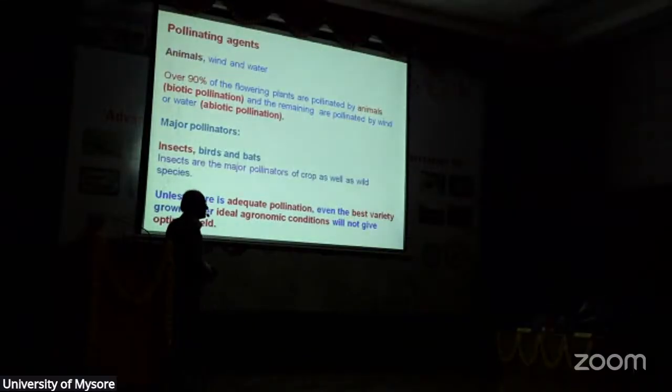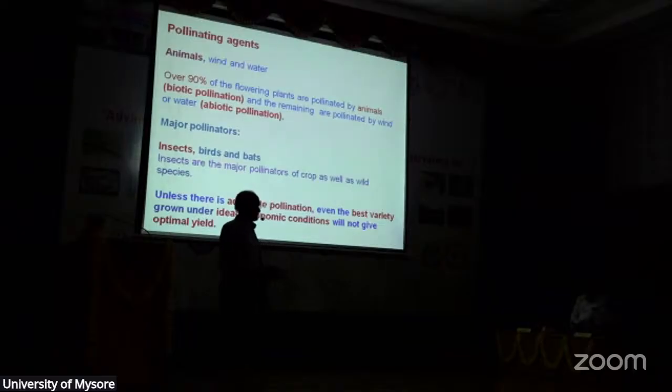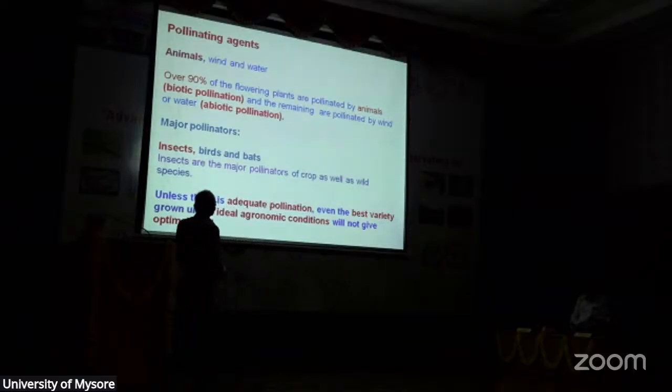Now plants, as you know, are sedentary and the flower structure is such that they can't bring about pollination in most of the plants except a few autogamous plants. So they have to depend on something else to bring about pollination. And these are the main pollinating agents. Animals: about 90% of the flowering plants depend on a range of animals to bring about pollination.